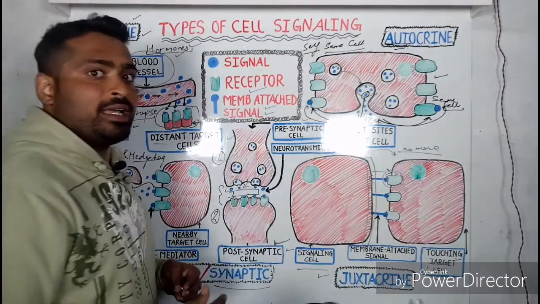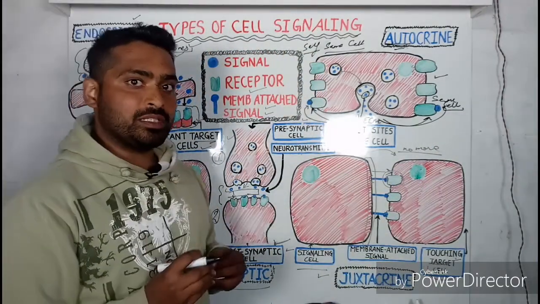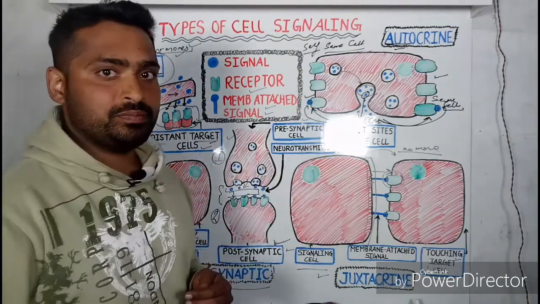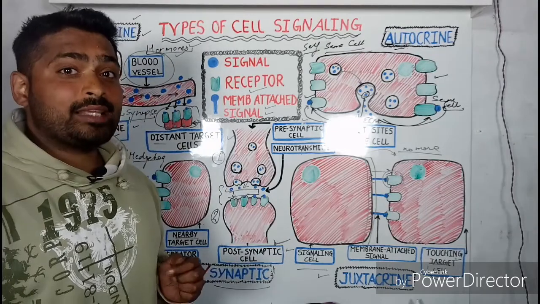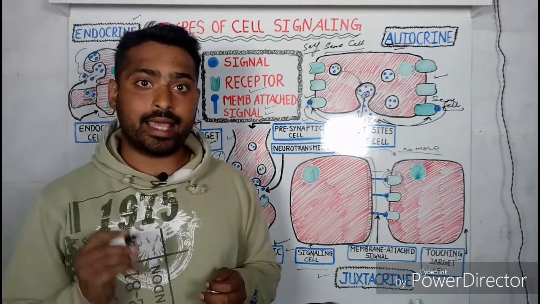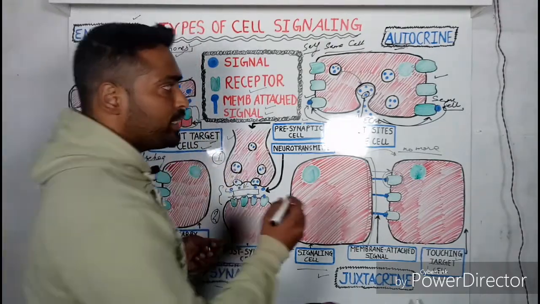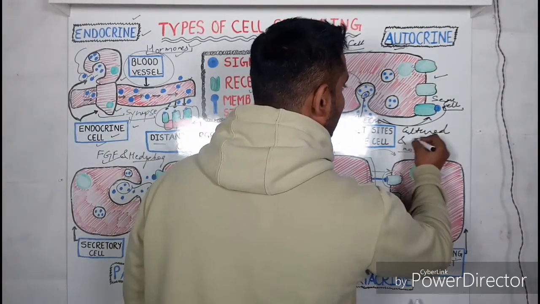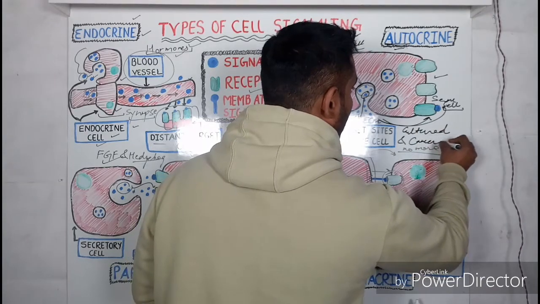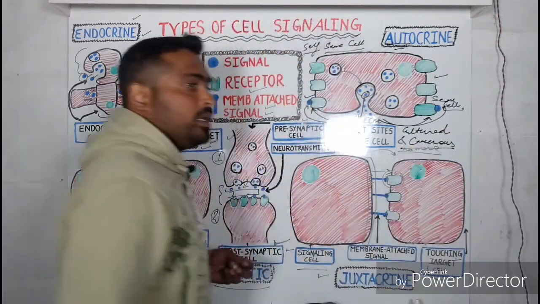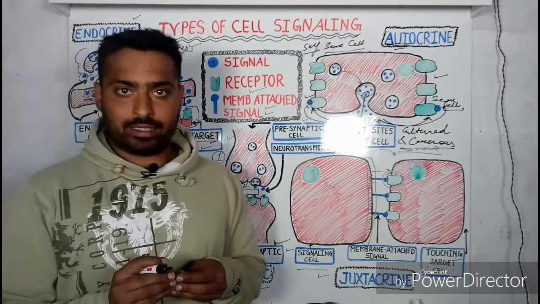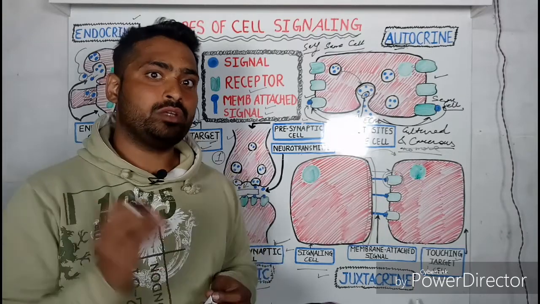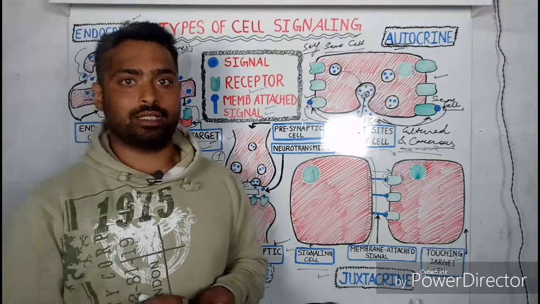So the signals bind to the receptors which are present on the same cell. This type of signaling is a feature of cultured cells and cancer cells. In cancerous cells, they release growth factors which help in the uncontrolled or unregulated proliferation of tumor or cancerous cells.